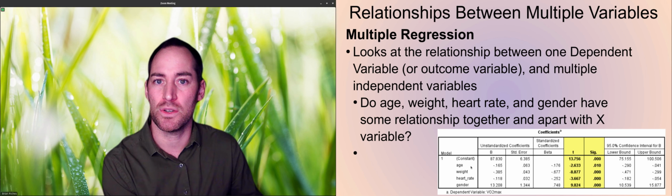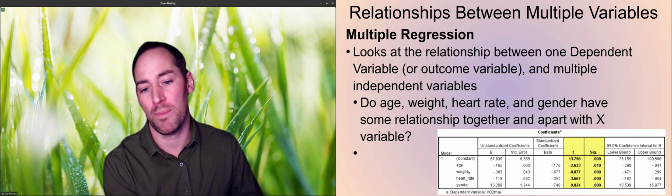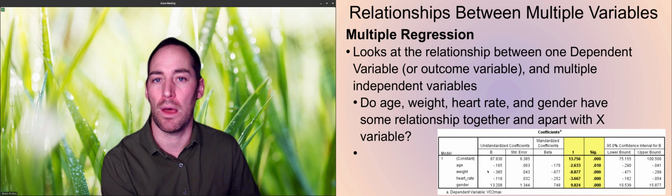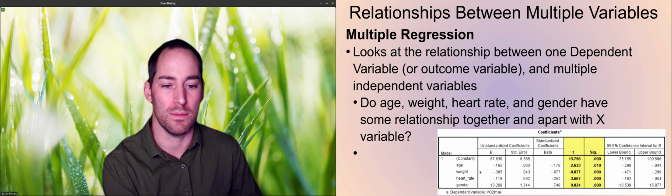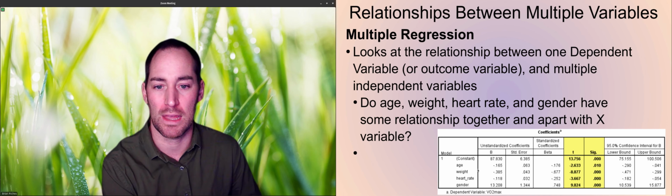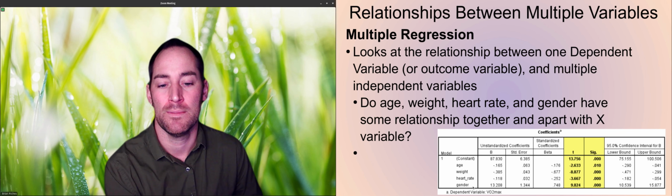Age, so the age you are: are you 12, are you 21? Your weight: are you 12 pounds, are you 21 pounds, or probably more likely for an adult human, something like 140 to 190 pounds, something like that. Then heart rate, what is your heart rate? Is it slow, is it fast? And then gender.